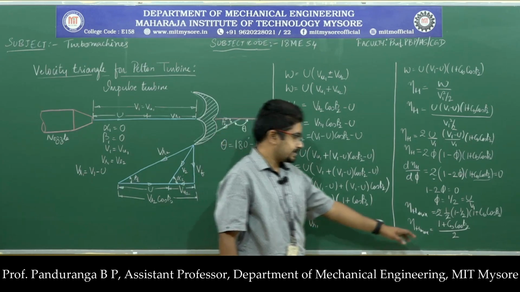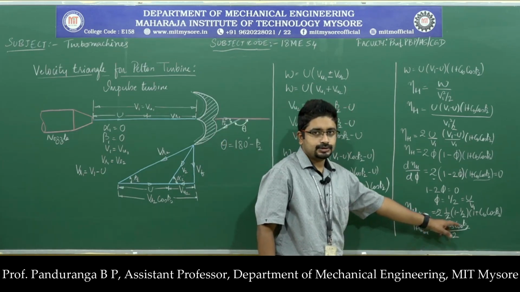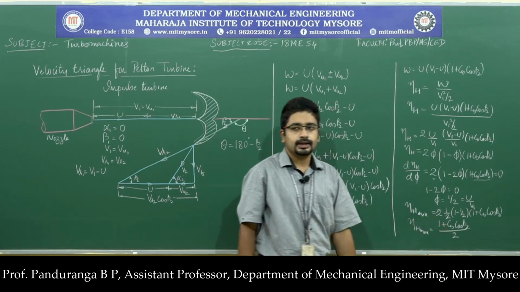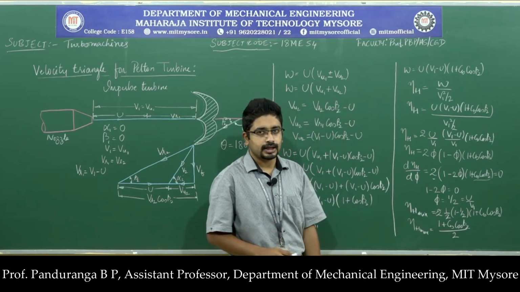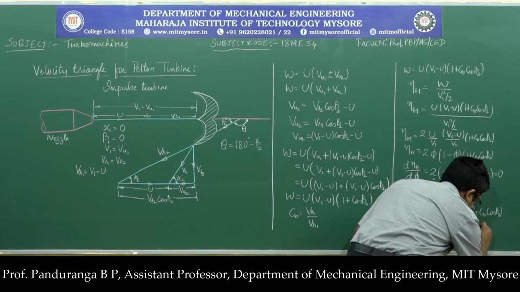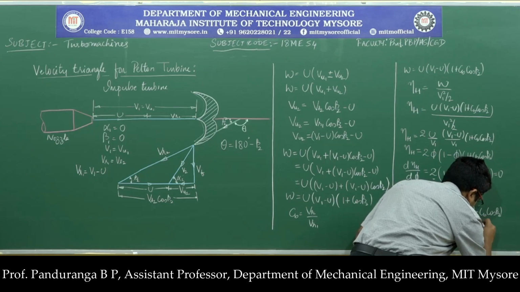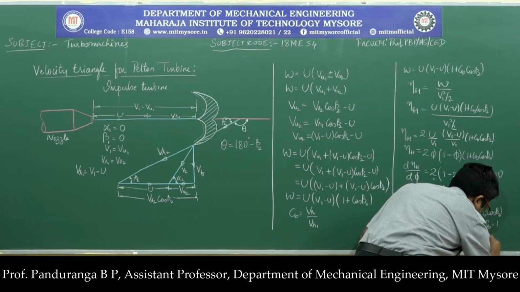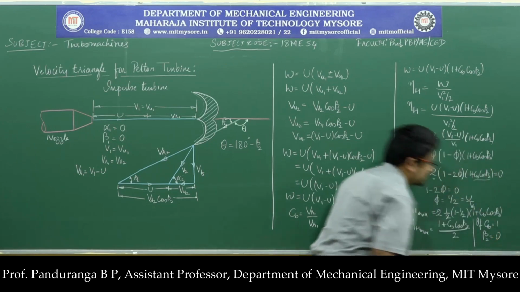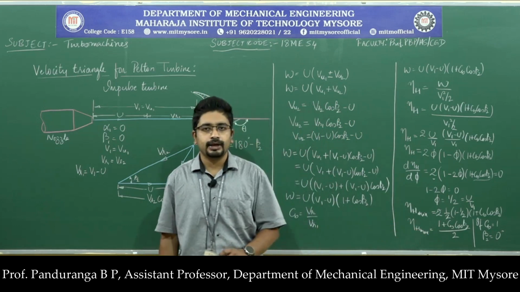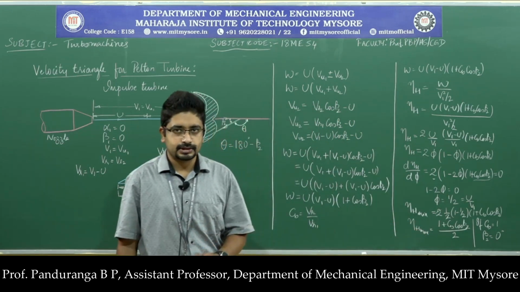In this case, if beta 2 is 0 and CB is 1, then we will get maximum efficiency, that is 100%.